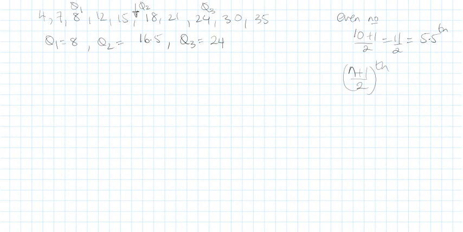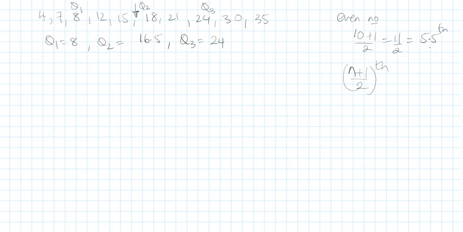So here it's 10 plus 1, 11 divided by 2, it's the 5.5th number. So 1, 2, 3, 4, 5. 5.5 is between the 5th and 6th number. So this is why we initially did 15 plus 18 divided by 2.